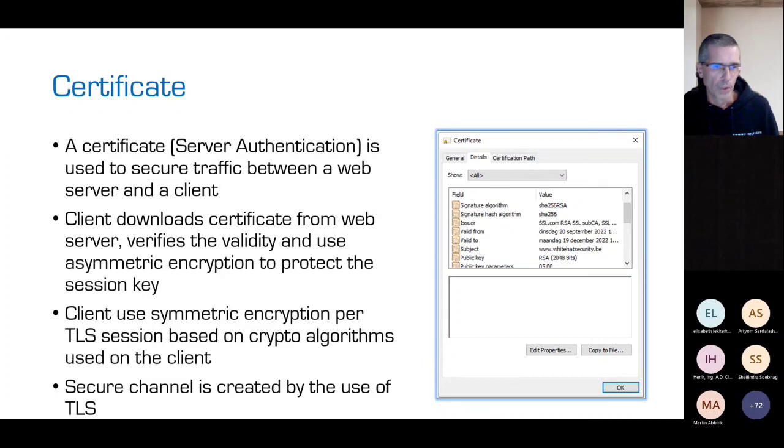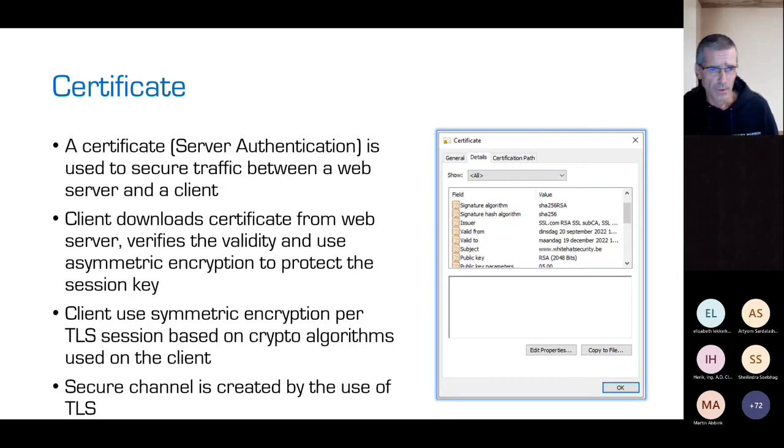The web server will use its corresponding private key to decrypt that field, and then the web server will also have the symmetric key. And now they can start encrypting and decrypting information.